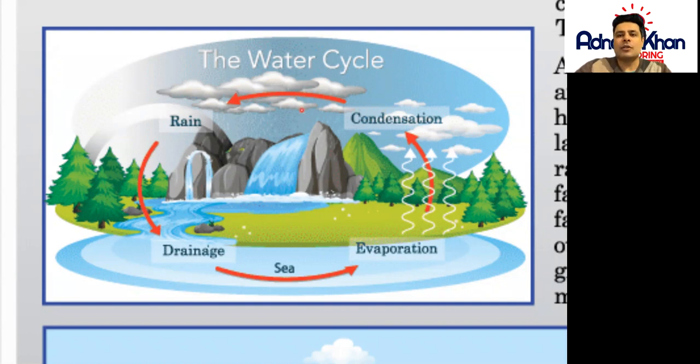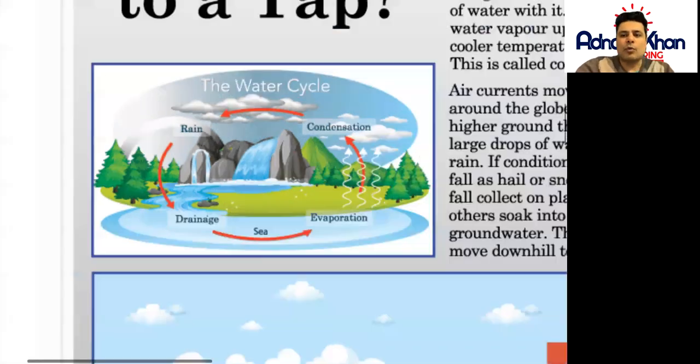Condensation makes the clouds, and then the clouds fall as rain, and the rain forms into a drainage system, into streams and rivers and large man-made lakes, which then have big pipes, and those pipes then filter into our houses and factories and businesses, and that's exactly how we get our drinking water.